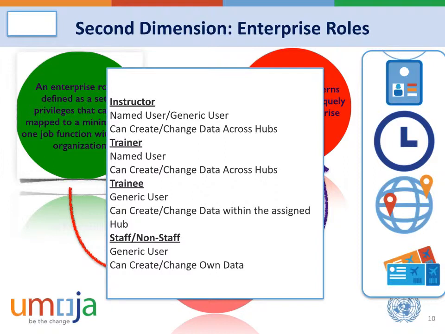An instructor is a named user and can create and change data across the entire training environment. We are going to talk about what a hub is in the subsequent slides. A trainer is also a named user who can create and change data across the hubs, and trainees are a generic set of user IDs which trainees can utilize for a certain period of time to create and change data within the assigned hub.